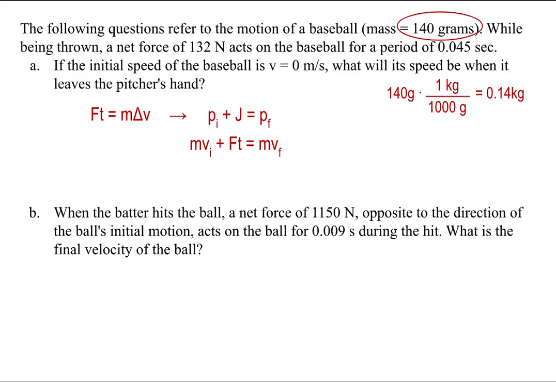Now it's a matter of pretty much just putting things in, because everything is moving in one direction, and so I don't need to worry too much about the plus or minus signs of things. I have a baseball that was initially not moving. It does talk about that in the problem, it gives you the initial speed.